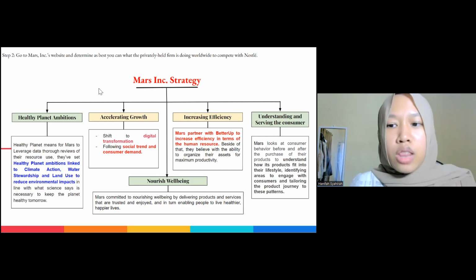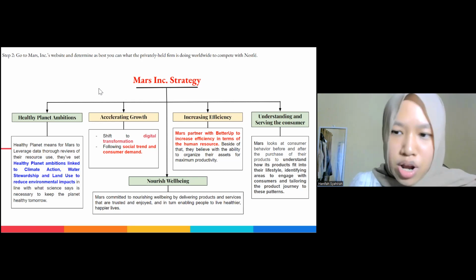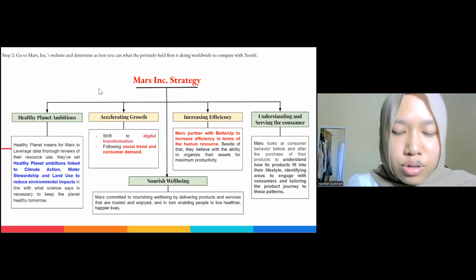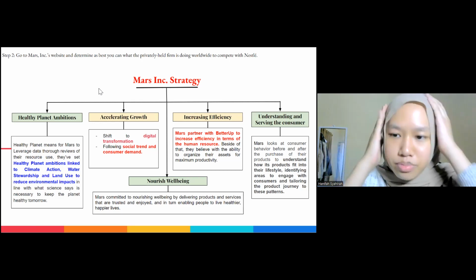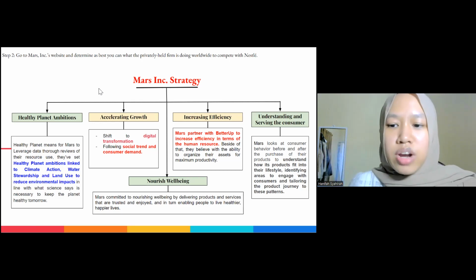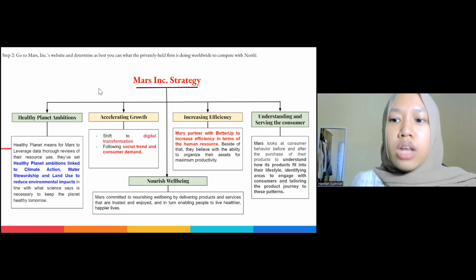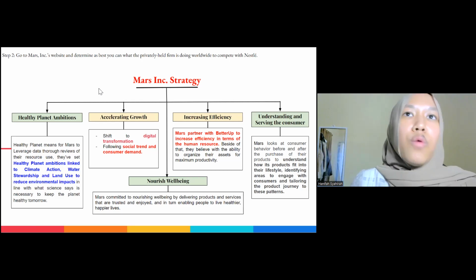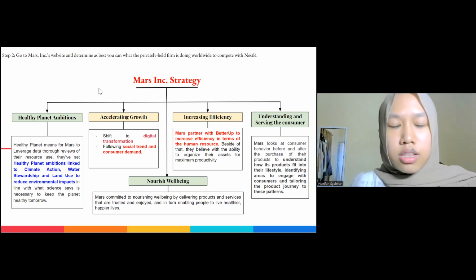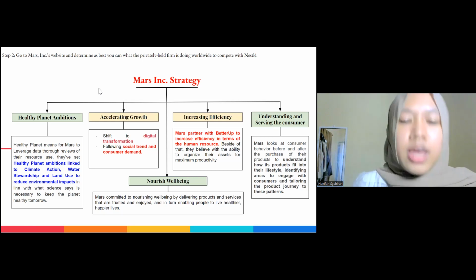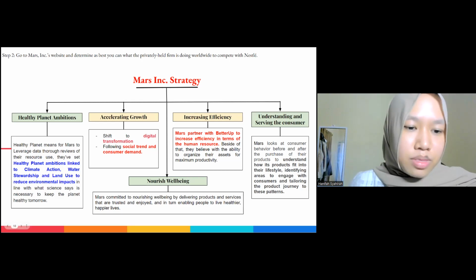By looking at consumer behavior before and after the purchase, they understand how their product fits into the consumer's lifestyle. They can also identify the engagement between the consumer and the product journey. So they understand what they can do to serve the customer, what kind of product suits the customer, and something like that.